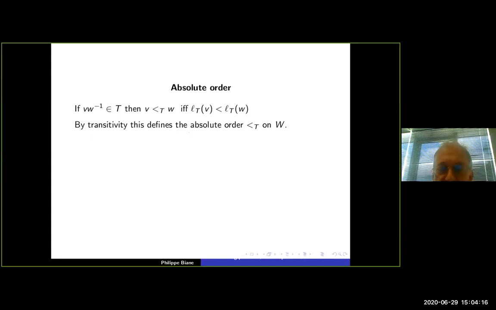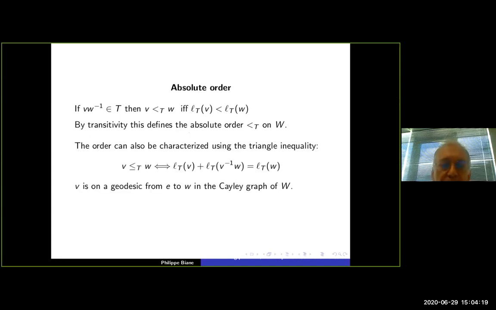Well, using this definition, it's not so easy to understand what this order is. So there is a better way of understanding this order, which is the following. We can characterize this order using the triangle inequality.